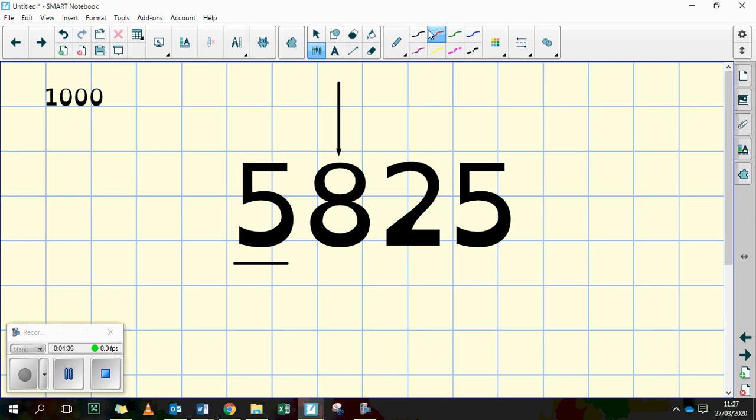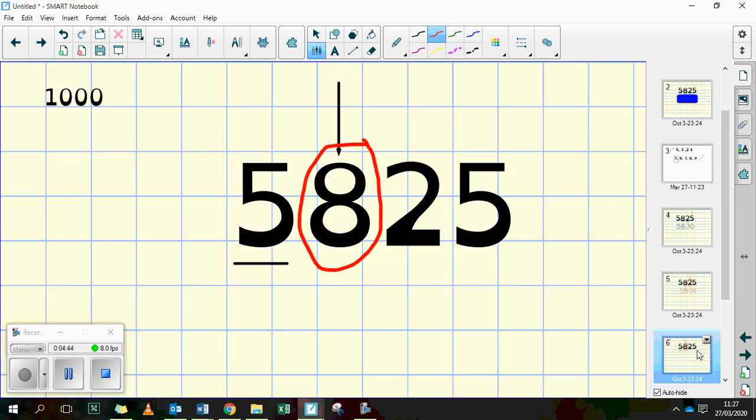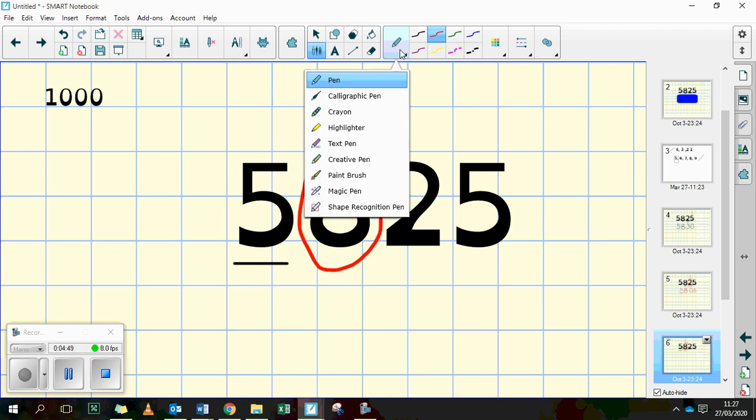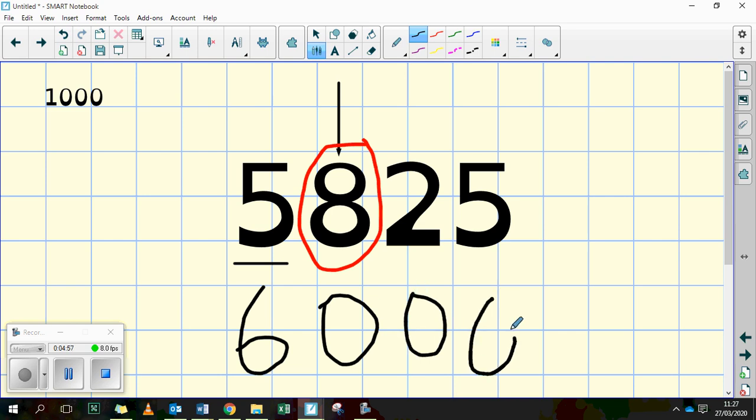The 800 tells us, going back to our little crib sheet, 8 rounds up. So we're going to be rounding 5,000 up to 6,000 and all done and dusted. There we go. 5,825 will round up to 6,000.